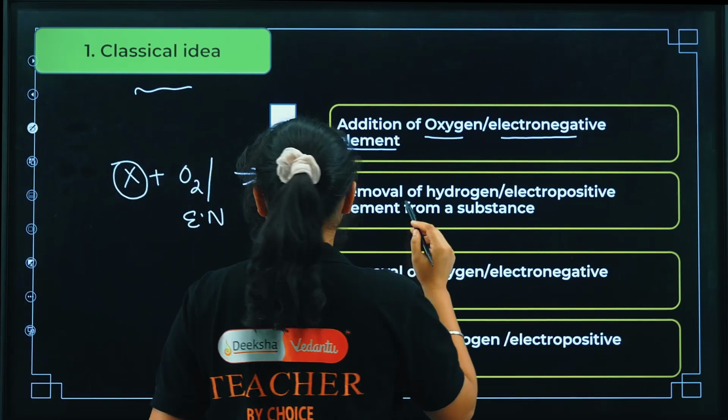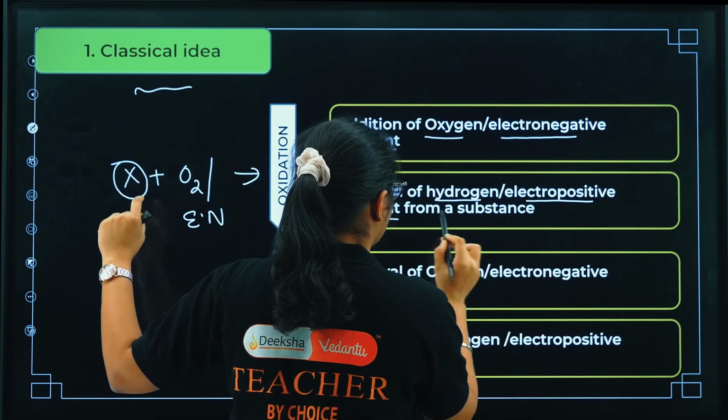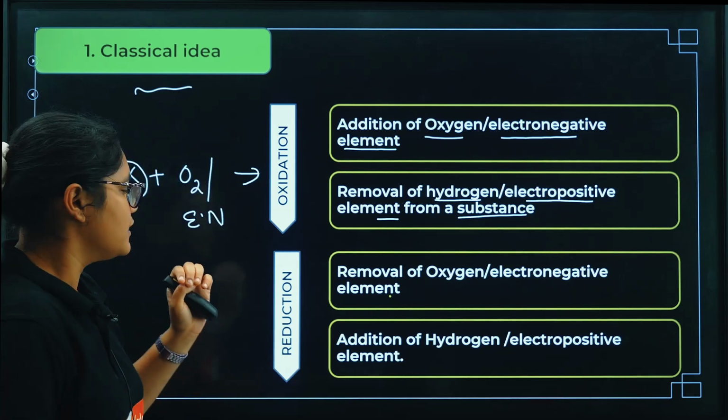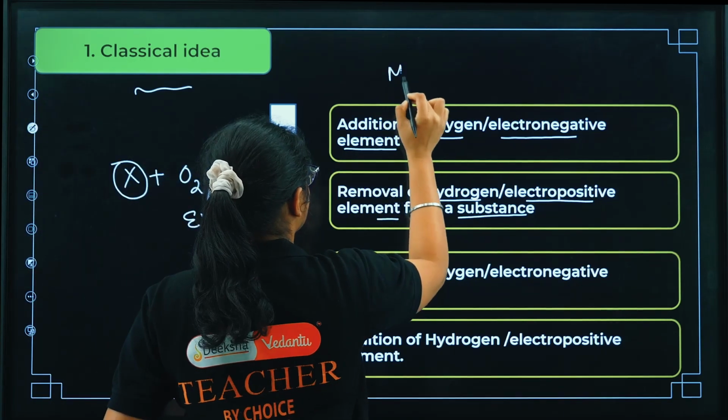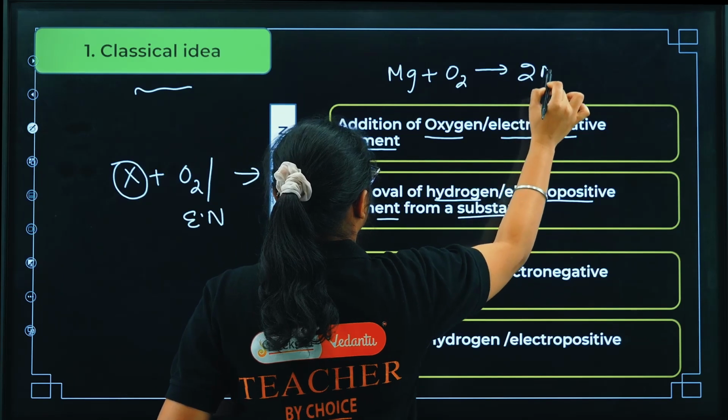Similarly, removing hydrogen or an electropositive element from a substance is also defined as oxidation.